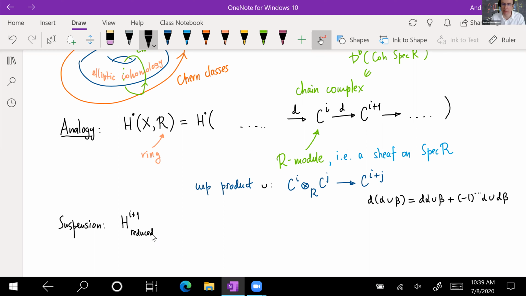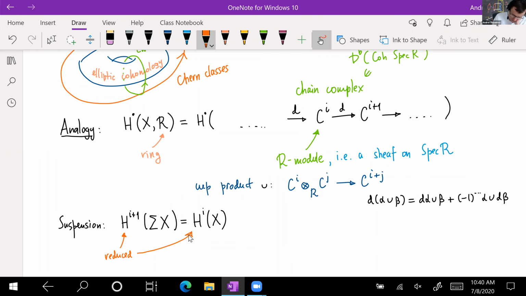Reduced cohomology is cohomology modulo the cohomology of a point. So that says the suspension shifts this complex by one.